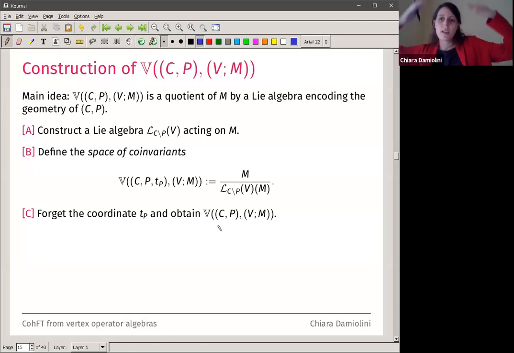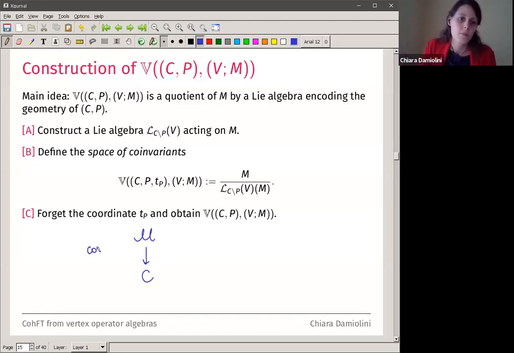You can essentially descend this construction forgetting the coordinate. A way to do so, maybe just point-wise, would be to construct again a coordinate-free version of the module M, so that at the point P, the fiber of this space is isomorphic to M if I choose a coordinate.